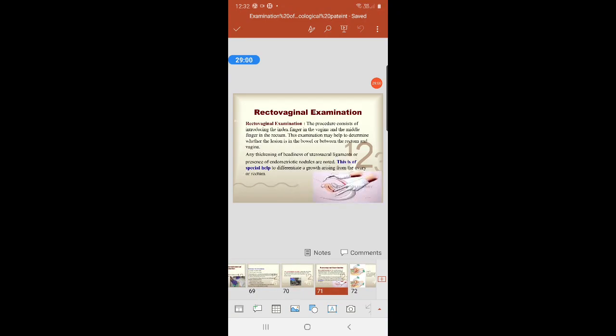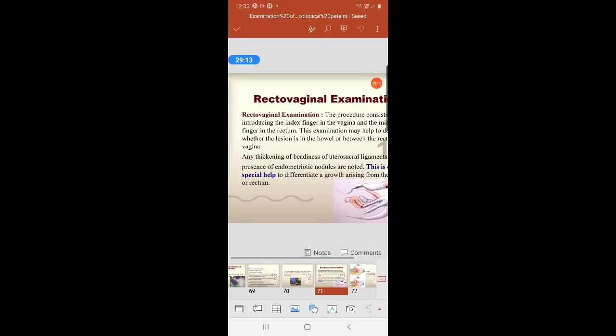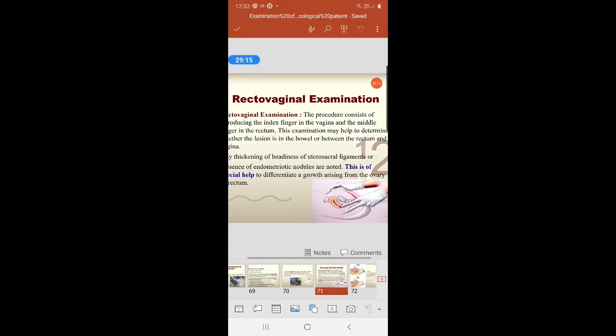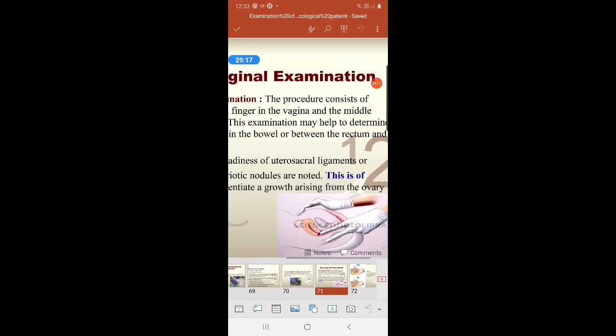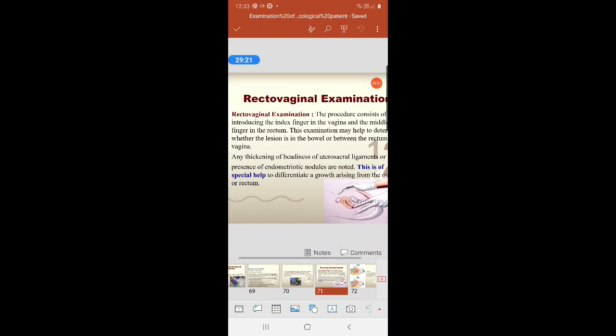Next, coming to the rectovaginal examination, as the name itself suggests, here we are simultaneously examining the rectum as well as the vagina. The procedure consists of introducing the index finger in the vagina and the middle finger in the rectum. See in the diagram, index finger inside the vagina and the middle finger in the rectum.